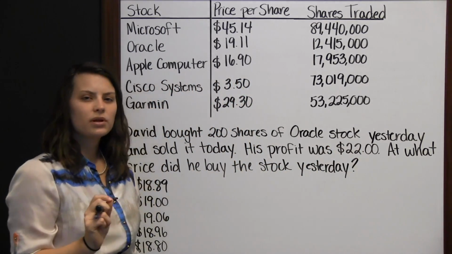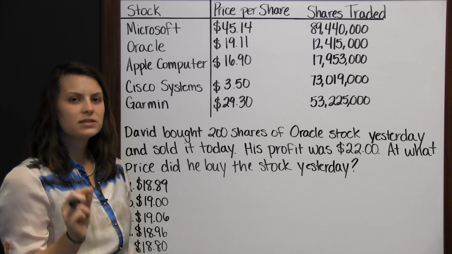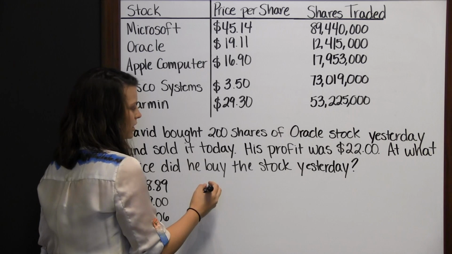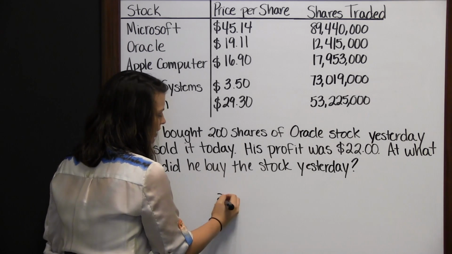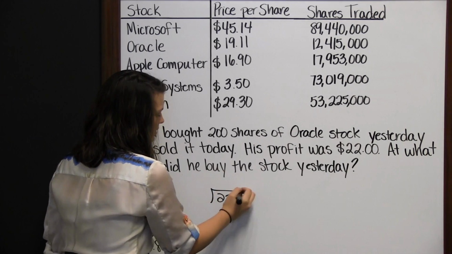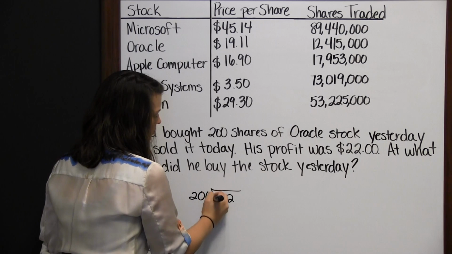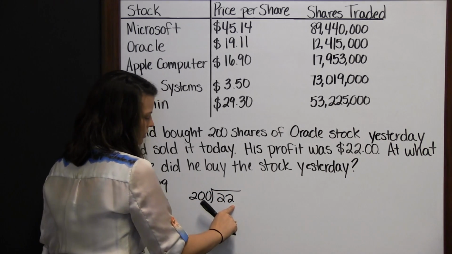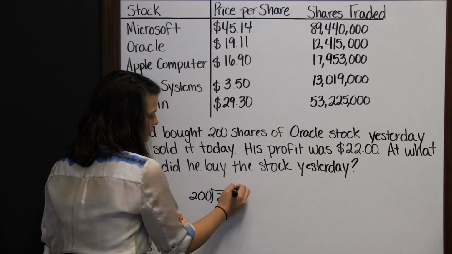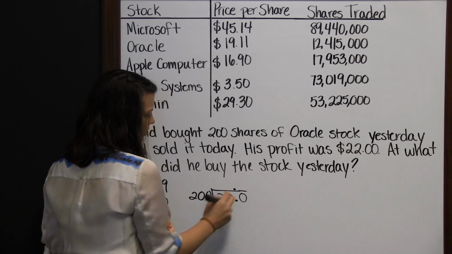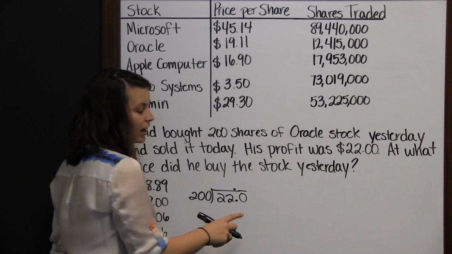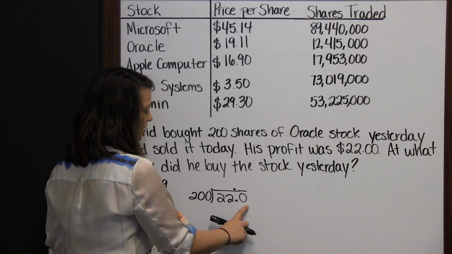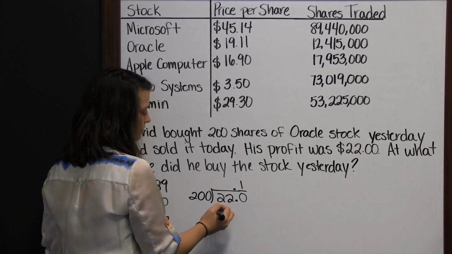So the first thing we want to do is find out his profit per share, which means we need to divide his profit by his number of shares. 200 does not go into 22, so I have to add a decimal and a 0. Now 200 will divide into 220. 200 goes into 220 one time.